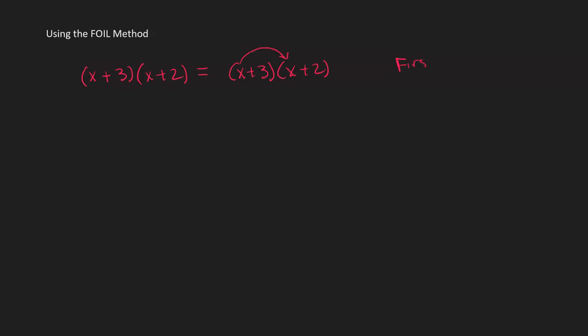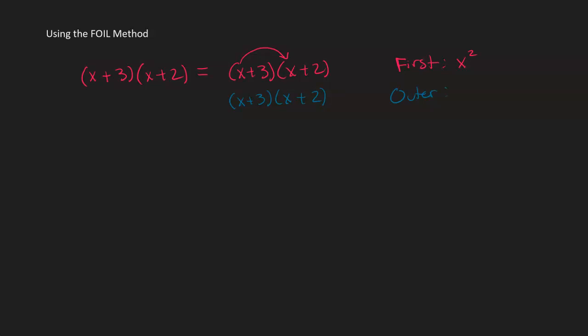So the first terms in the series, when I multiply them, I get x squared. Let me do this one with a different color ink. I'm just going to rewrite the expression over and over again to fill in the acronym. So I have x plus 3 times the quantity of x plus 2. The next comes O for the outer terms.